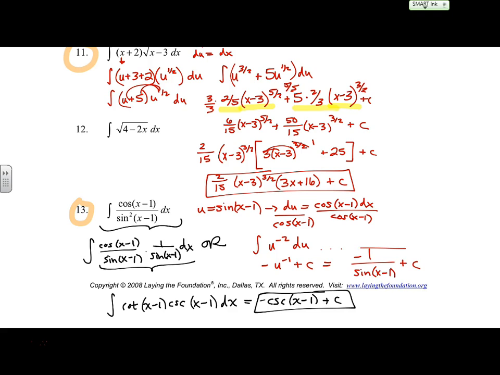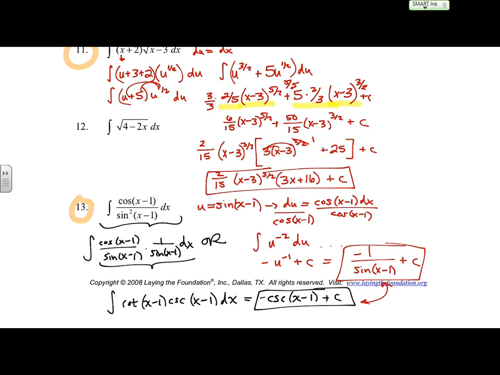Kiddos, are these the same thing? They're the same thing. Found two very different ways. Both ways are good.